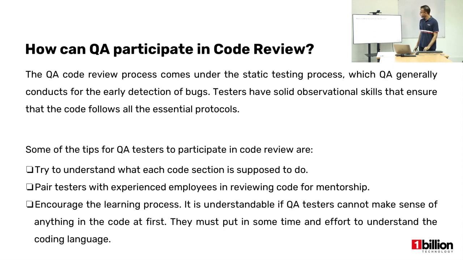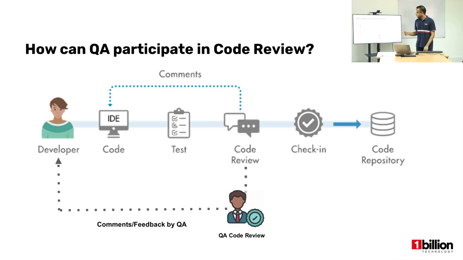So this is the diagram which I think Dehemi mentioned. I will show you how the QA participates in this code review. As you can see in this diagram, you have the developer, the code, the test, and the code review as the usual process works, checking the code and the code repository. Now, the QA code review would come after the developers have done their code review.